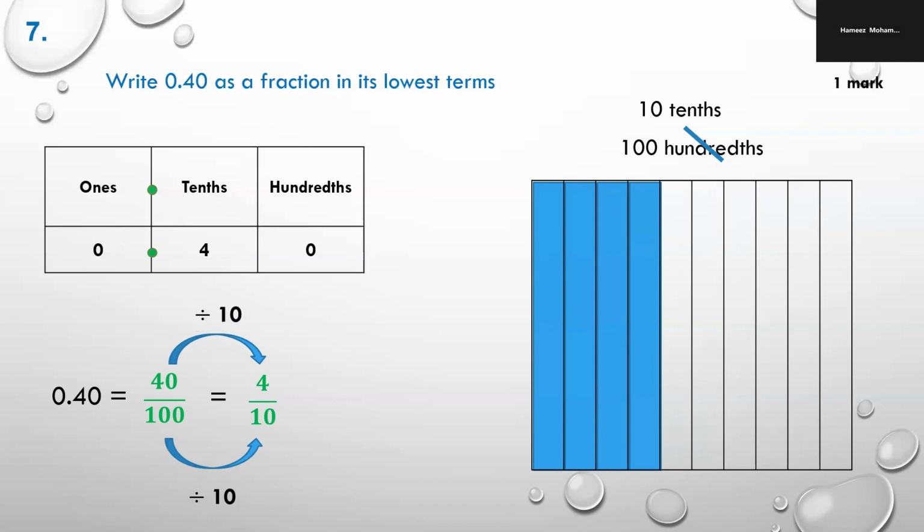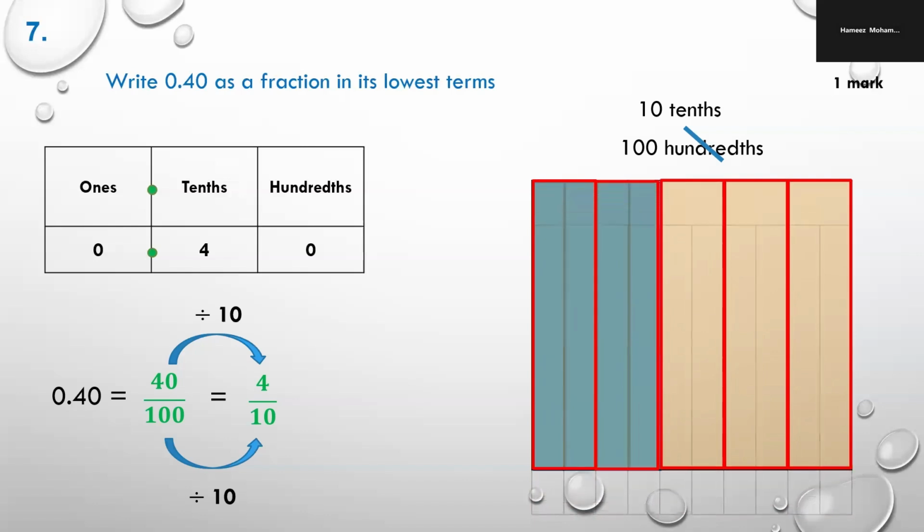So let's consider now grouping those tenths or those columns that we have. So let's put them in pairs to form a shape. So now what do we have? We have 1, 2, 3, 4, 5 of those rectangles, which are indicated with a red border.